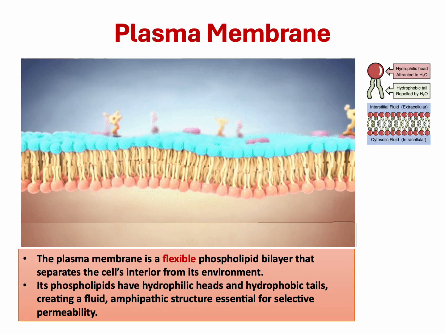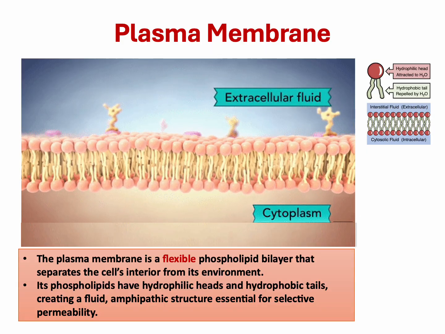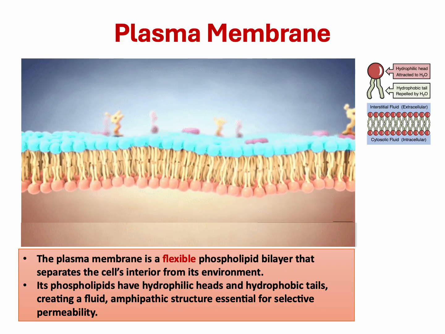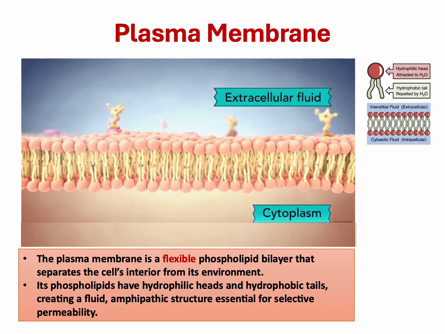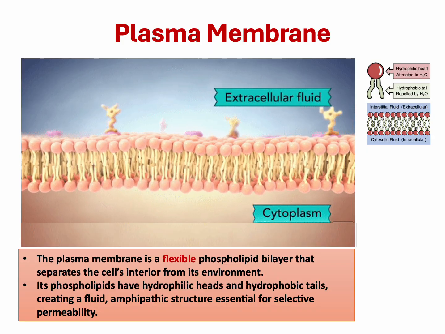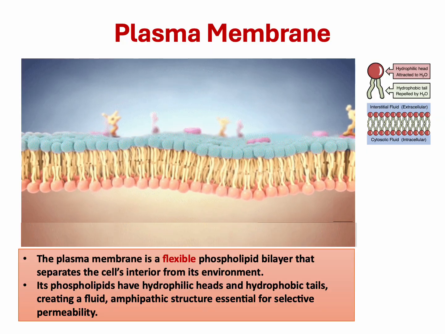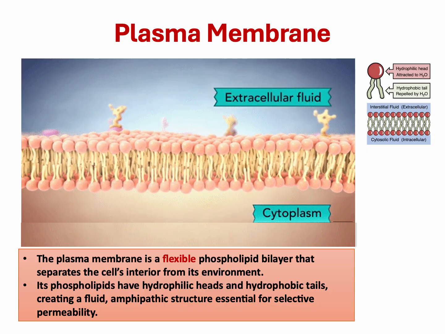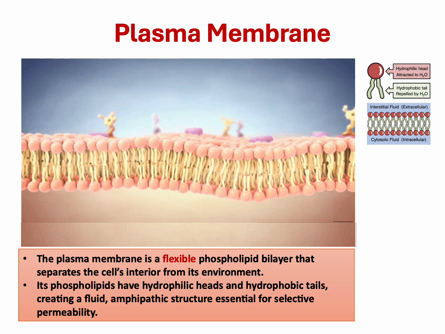Its phospholipids have hydrophilic heads and hydrophobic tails, which represent the fatty acids, creating a fluid amphipathic structure essential for selective permeability. This allows small non-polar molecules to pass freely, while larger molecules require specific transport proteins.